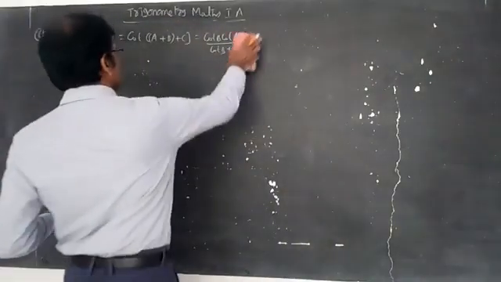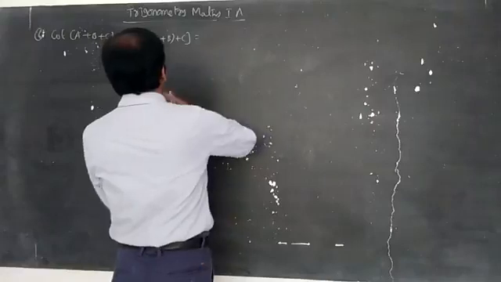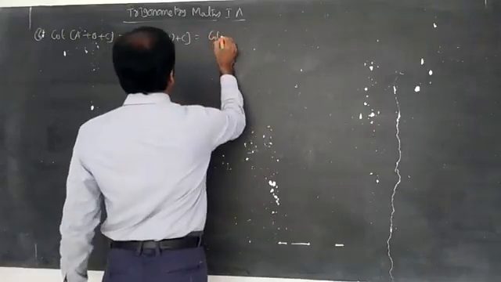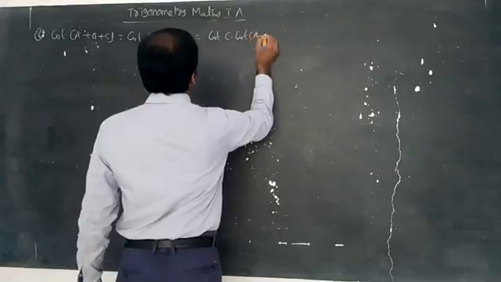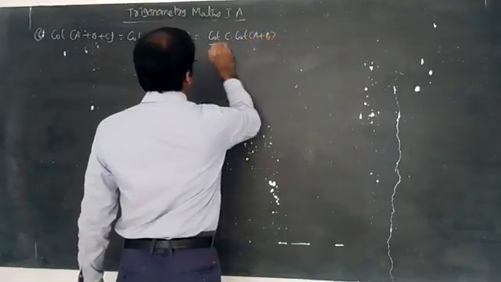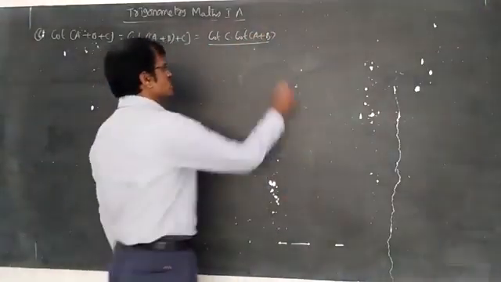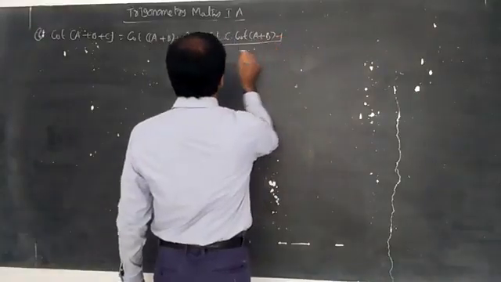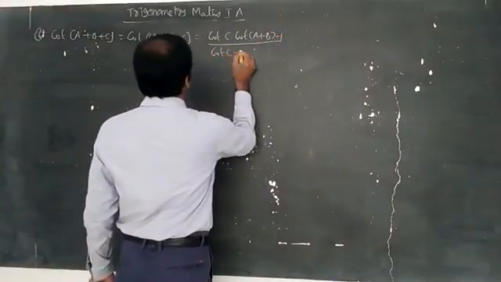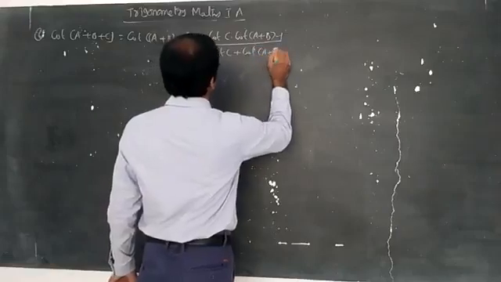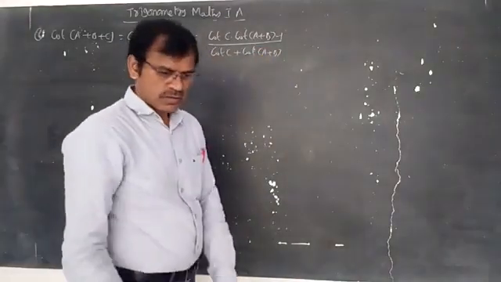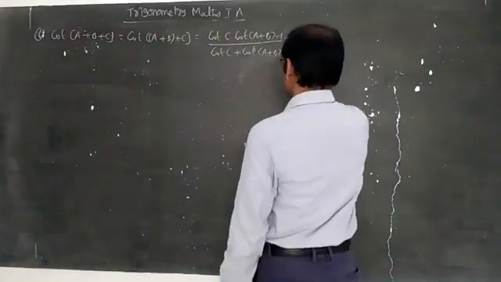So first of all, let us write cot C plus cot of A plus B, here cot C into.